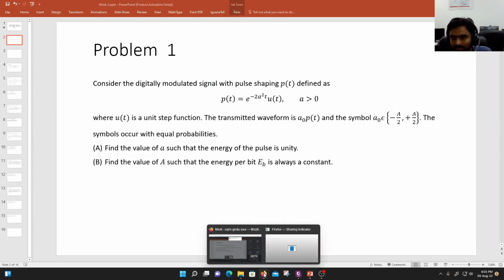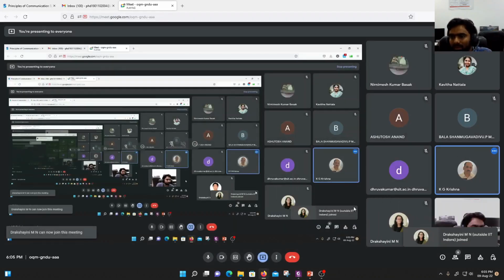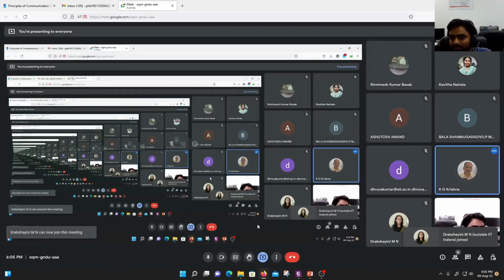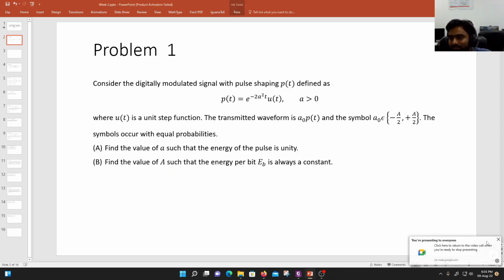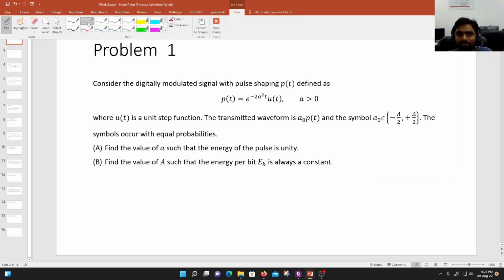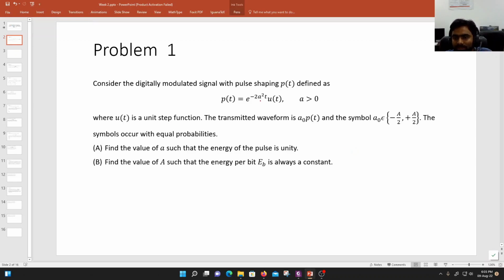Is it BPSK constellation? Yes, BPSK constellation. So you need to find the value of small a and this capital A. Here the intersymbol spacing means it is A, right?